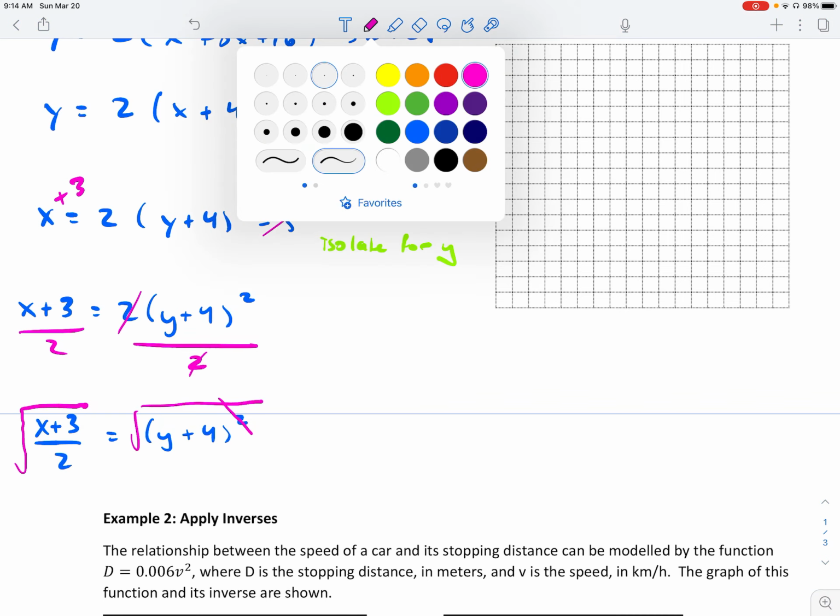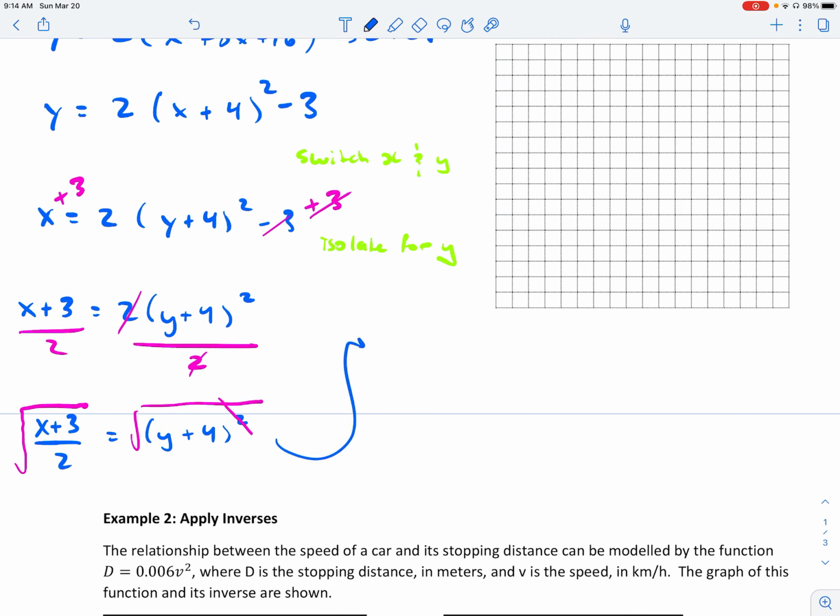Let's try to finish this up over here. Whenever you square root something, you get a positive and negative solution. So I'm going to write the plus or minus here. We can't forget that.